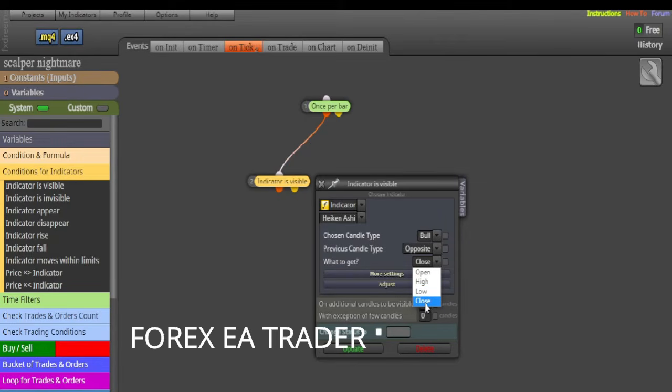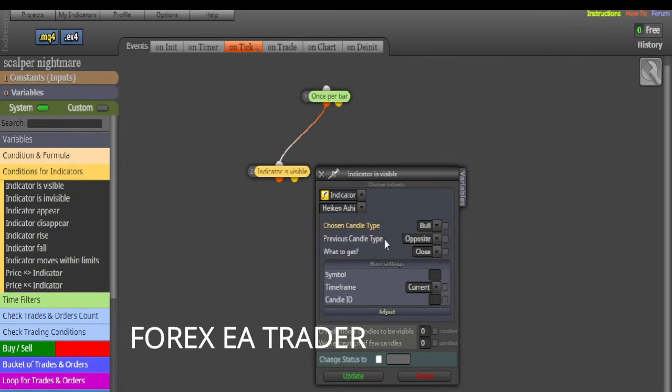Close is when the candle is actually closed. The low is the lowest price that was plotted on that candle. The high is the highest price plotted by that candle. The open price is where the body of the candle actually opened, and the close is the close of the body of that candle. So I hope that makes sense.